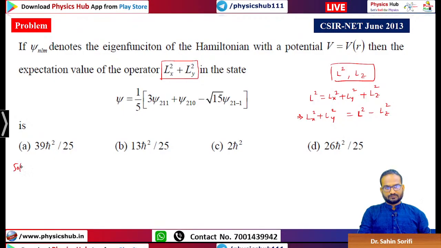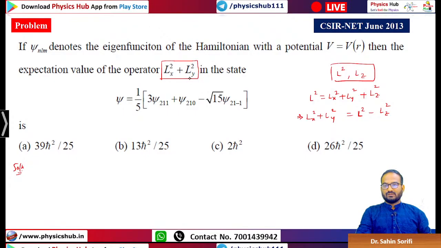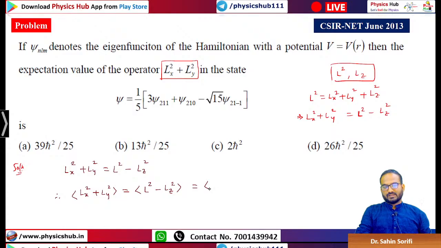Look, Lx square plus Ly square, but we know only in terms of L square and Lz. So first of all, we are writing Lx square plus Ly square as L square minus Lz square. So the expectation value of Lx square plus Ly square is equal to the expectation value of L square minus Lz square. So this can be written as the expectation value of L square minus the expectation value of Lz square.